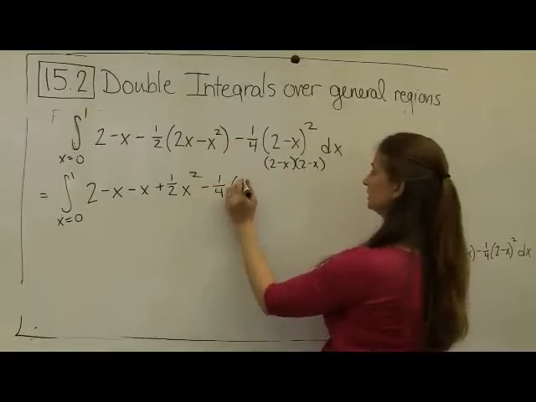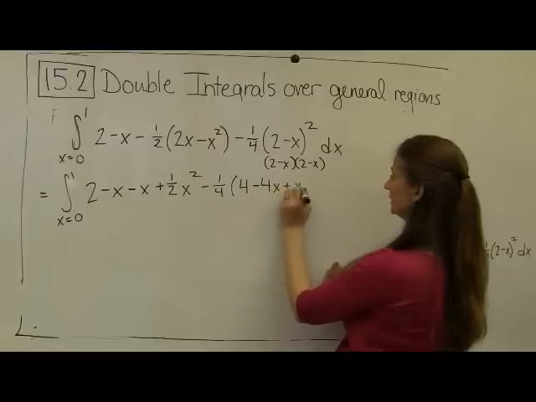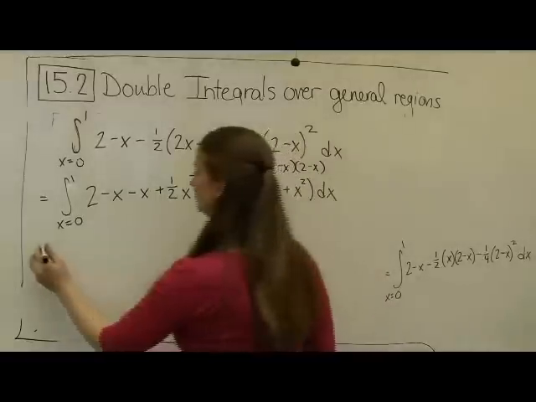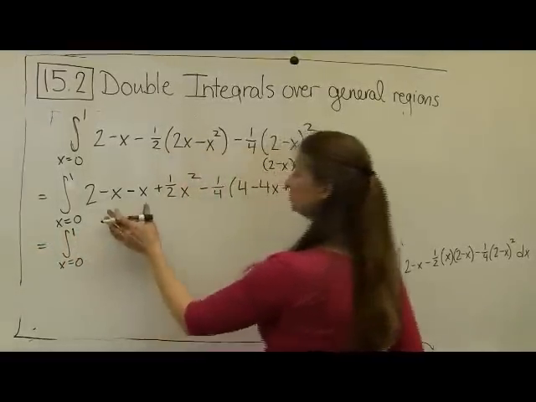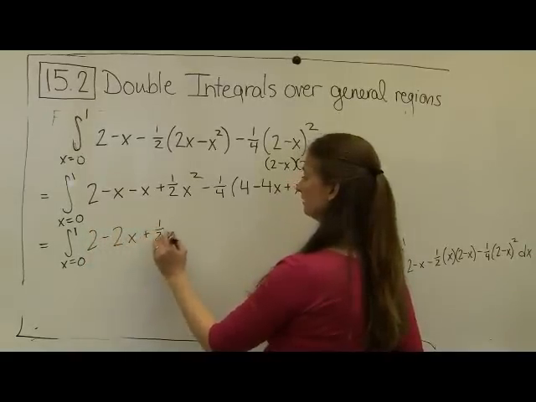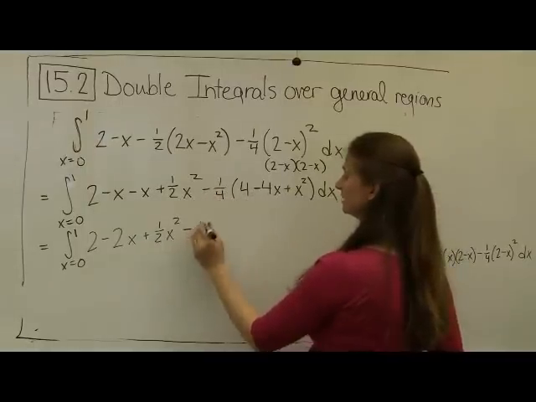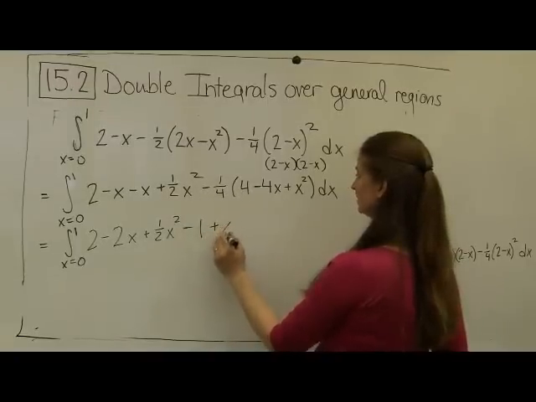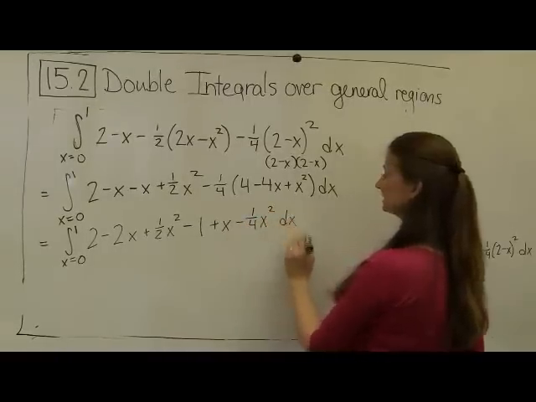Minus 1/4 times 4 minus 4x plus x squared dx. I get 2 minus 2x plus 1/2 x squared minus 1/4 times 4, which becomes minus 1. Minus 1/4 times negative 4x becomes plus x, minus 1/4 x squared dx.